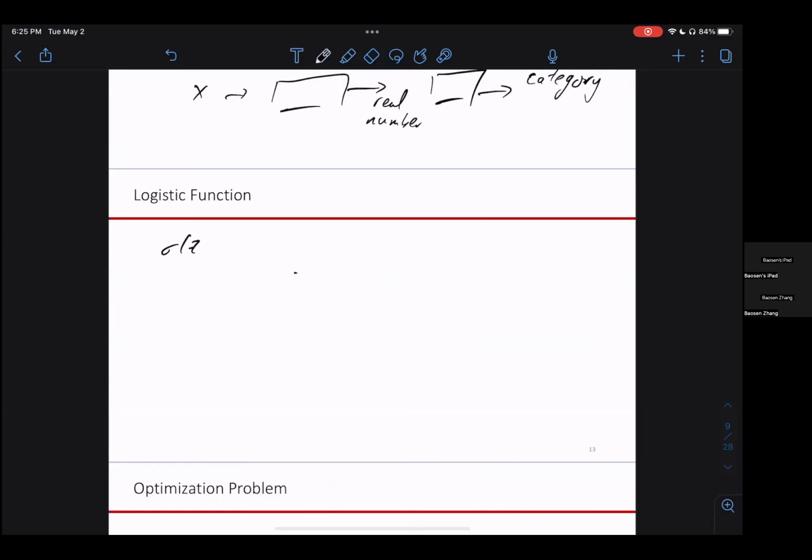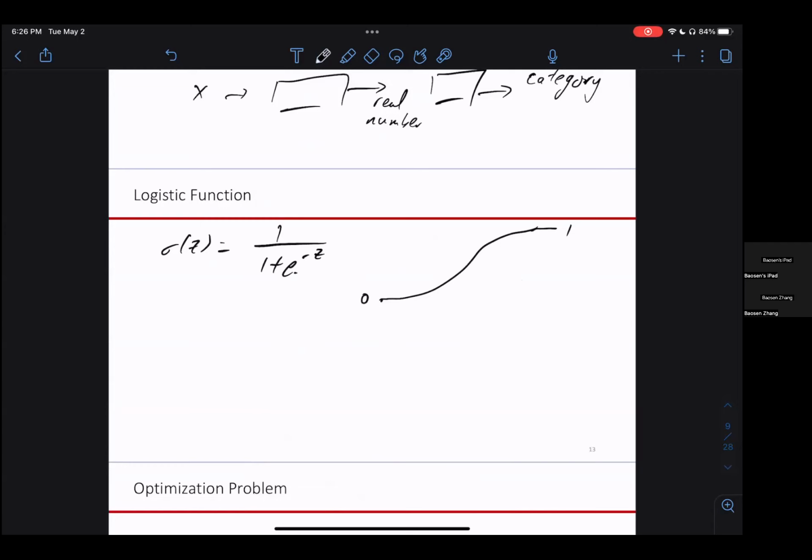So the logistic function is this kind of function, 1 over 1 plus e to the minus z. This function takes values between 0 and 1. If z is very large, e to the minus z is very small, so the output is close to 1. If z is very small, the output is very close to 0. So this is the function that takes values from 0 to 1.